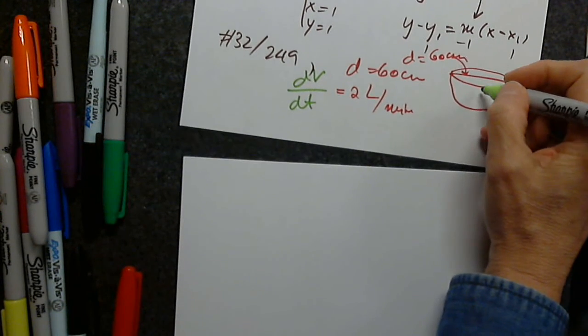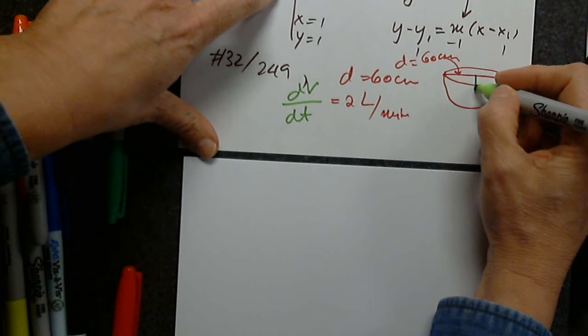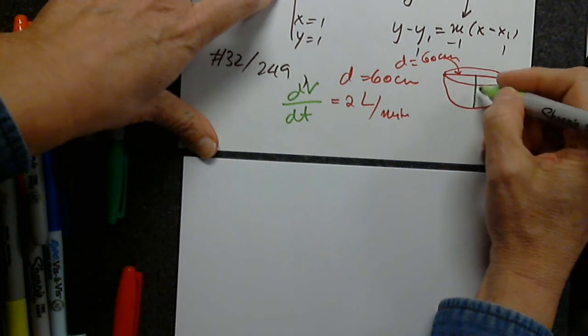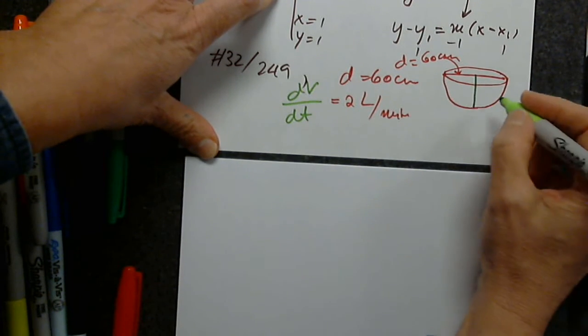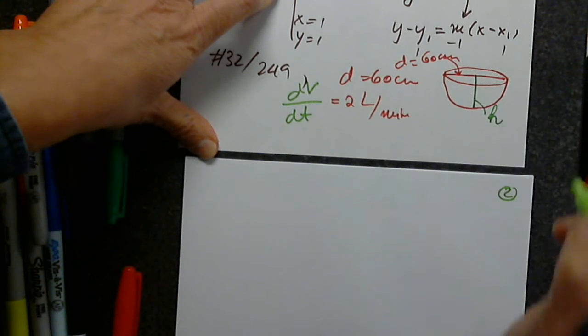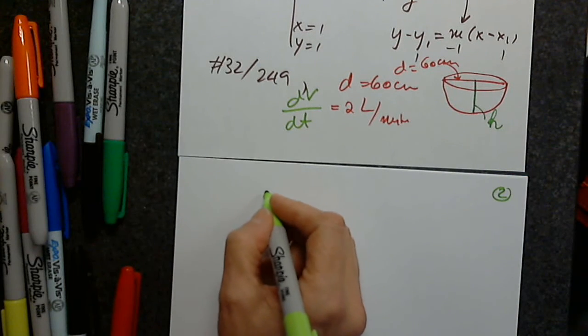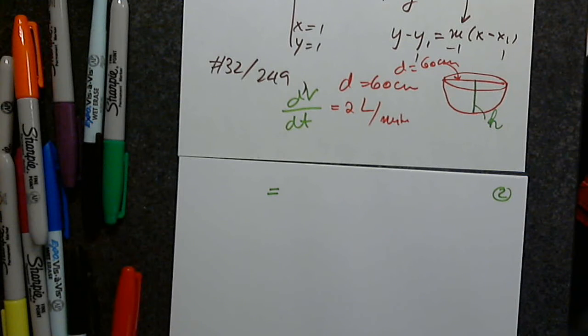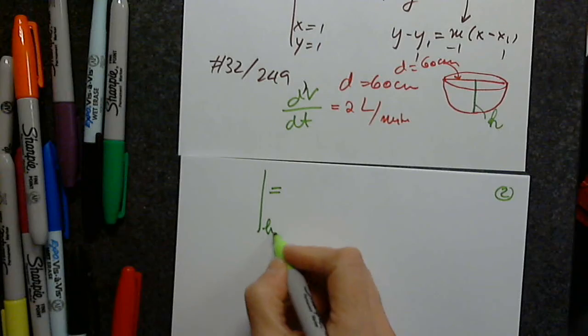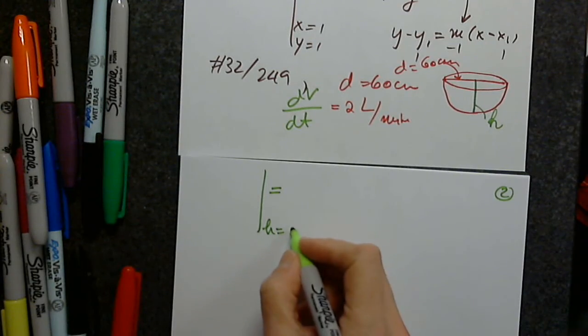I'm going to denote this height by h. So we're asked to find what? How fast is the water rising in the basin when it is half full? But when, forget about that. What am I asked to find when h is half?